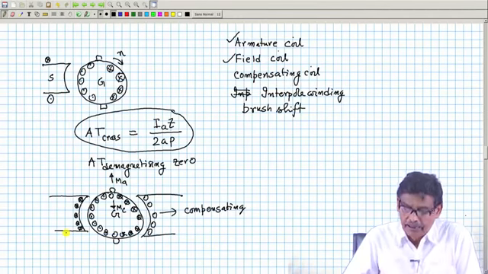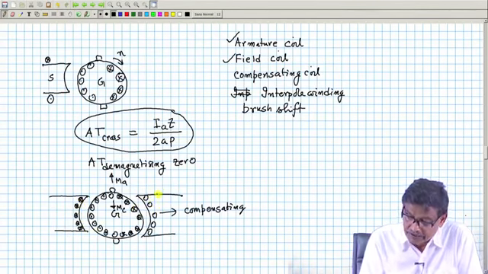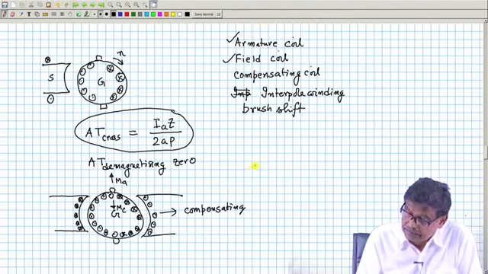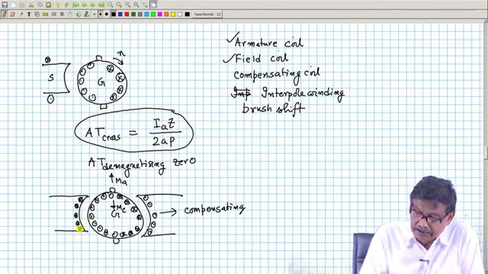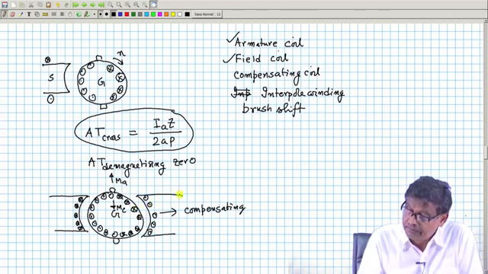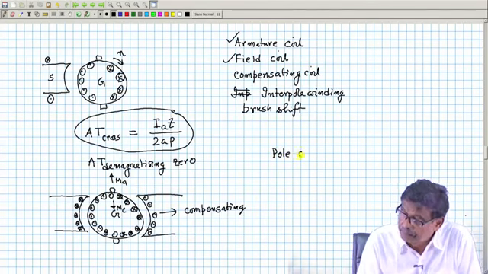I want to make this MA vanish. But as I told you, these compensating coils cannot completely compensate for all the dot currents here or cross currents here. I told you there may be 70% of the armature MMF that can be compensated, based on the pole arc to pole pitch ratio.